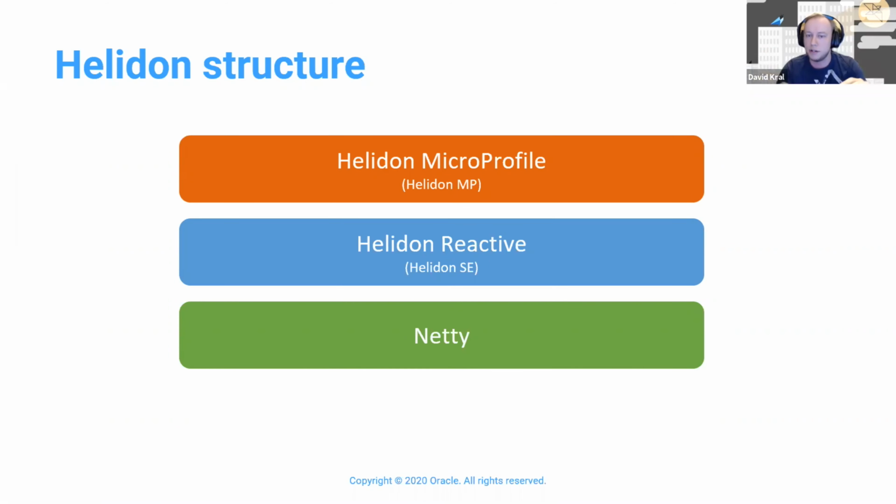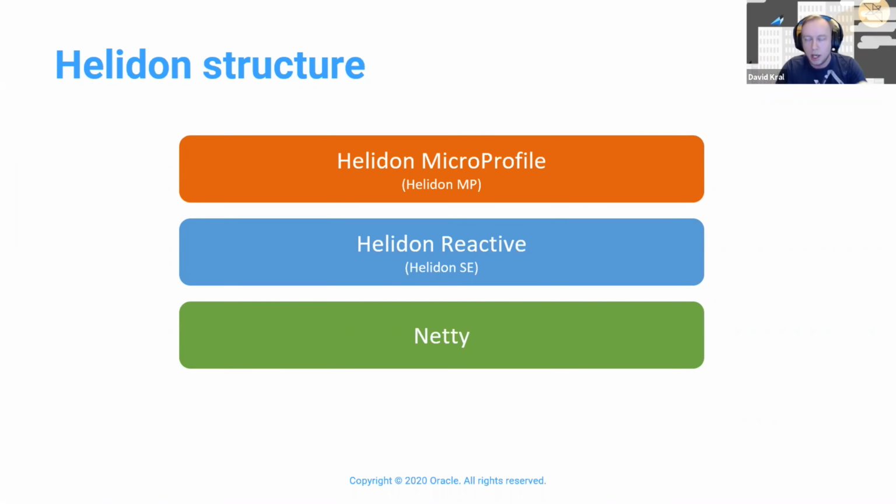In terms of Helidon MicroProfile, it's a set of implementations of MicroProfile. It also contains some implementations of Jakarta Enterprise, and also the dependency injection and annotation processing.